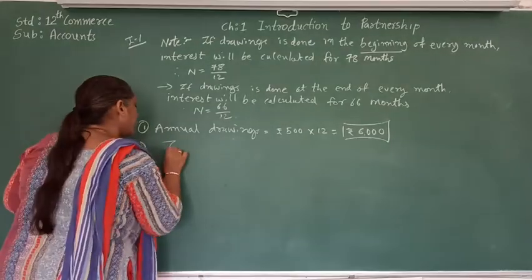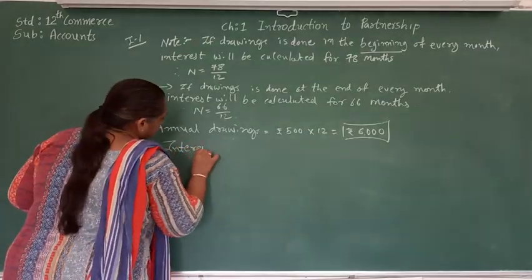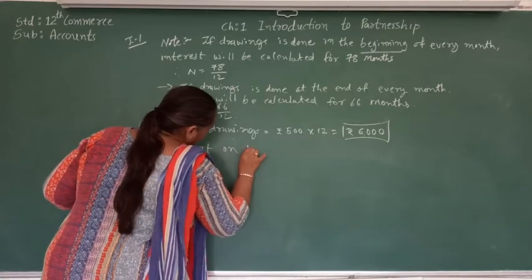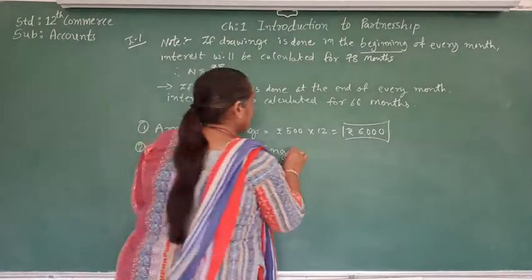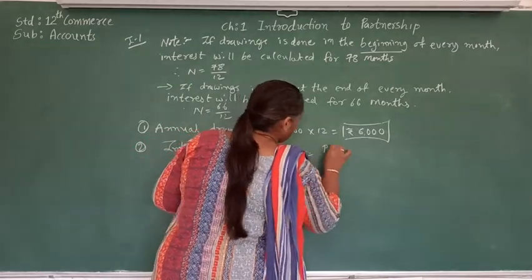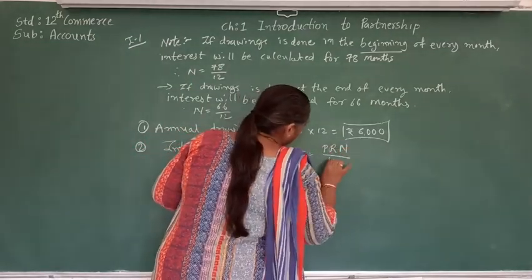So interest on drawing, I is equal to PRN upon 100.